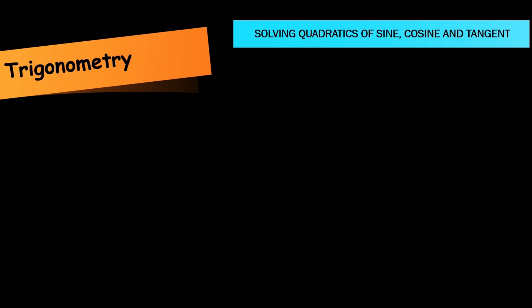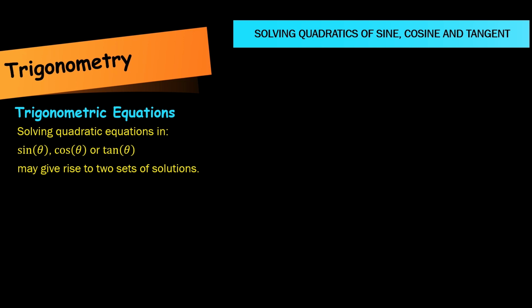Before considering exercise 2, let's take a look at some more theory. Solving quadratic equations in sine theta, cos theta or tan theta may give rise to two sets of solutions. So for example, consider the equation 6 cos squared x minus cos x minus 2 equals 0.